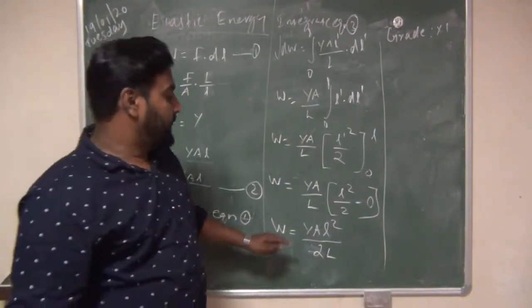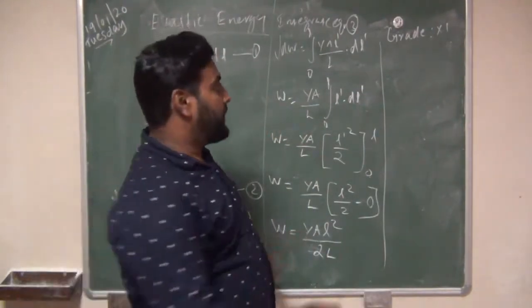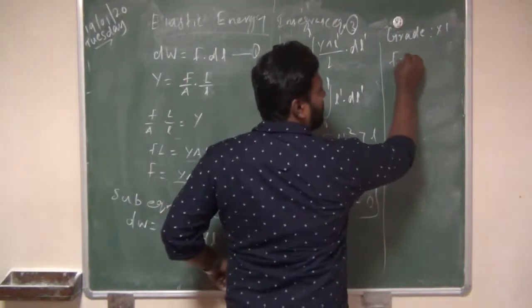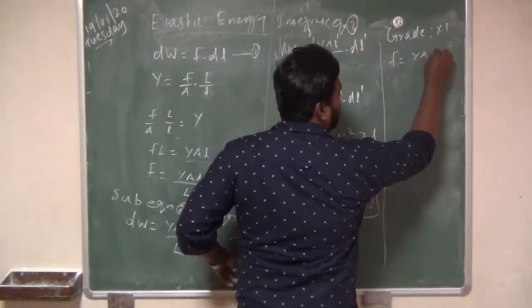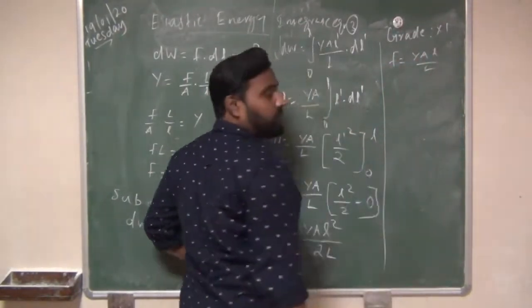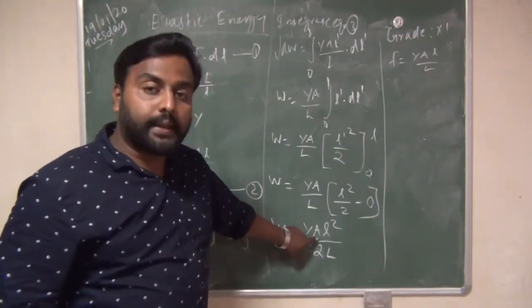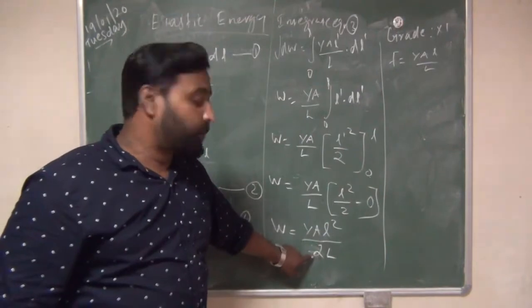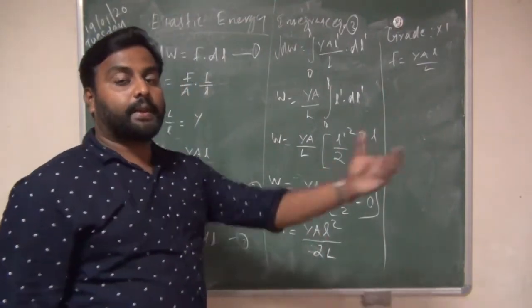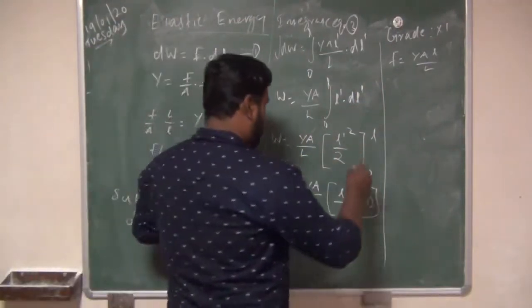Now what we have to do is, we know that F is equal to YAl divided by capital L. From this equation, Y is there, A is there, l is there, 2 is there, so take all these separately.